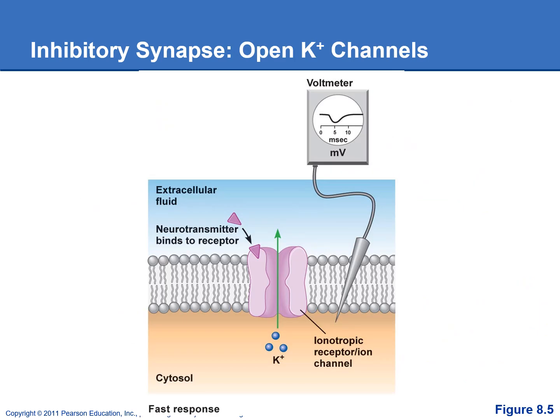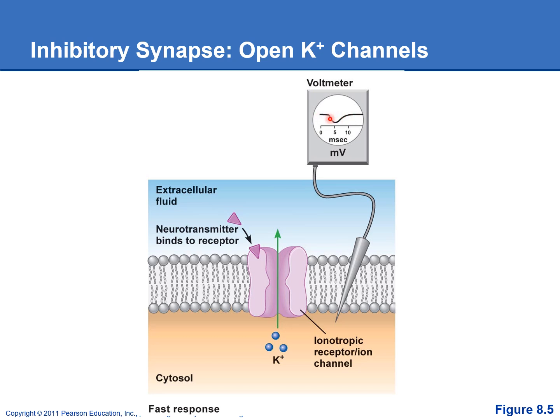All right, and these are just some pictures from your book, just showing you creating these IPSPs. So we've got this neurotransmitter binding to our ligand-gated ion channel that's specific for potassium ions. We open the gate. Potassium always wants to leave the cell, and when it leaves, it takes its positive charge with it, and that will make it more negative inside this postsynaptic neuron and hyperpolarize the cell, and that will create an IPSP.